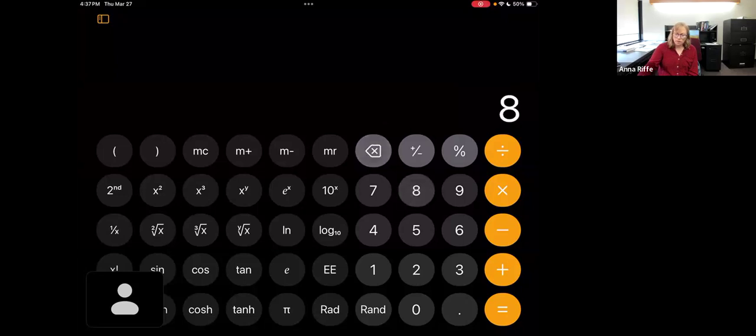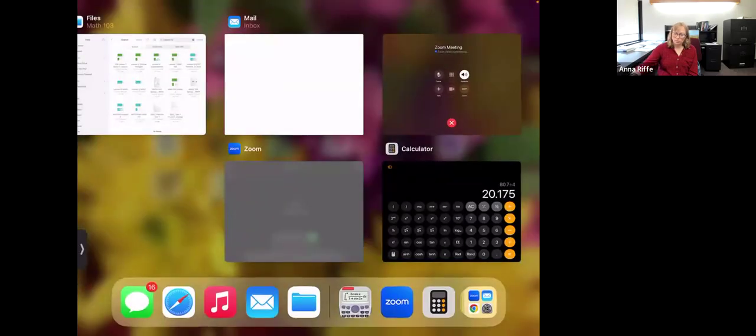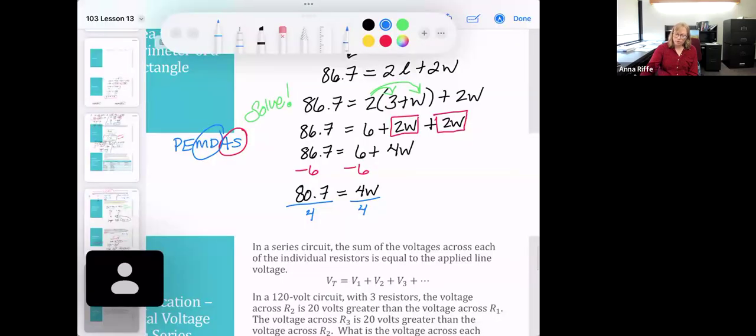I apologize. 80.7 divided by 4 is, there we go, 20.175. So the width is 20.175, or if I round to 2 decimal places, 20.18. 20.175 is the unrounded version. But in my solution, I'm going to put 20.18.